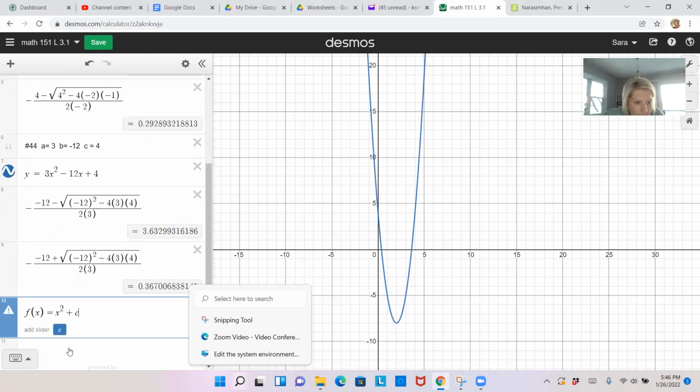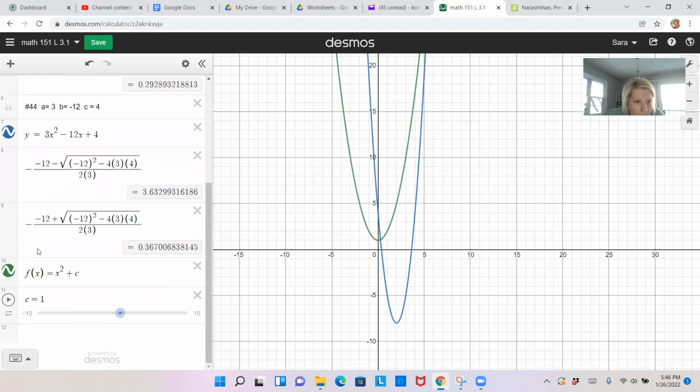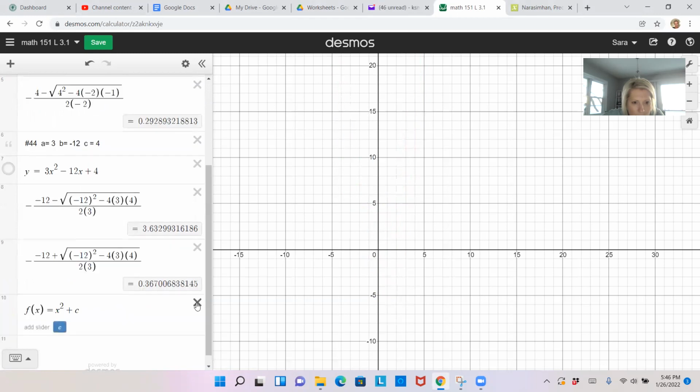And see, it says add slider c. When you add that, I'm going to turn off my other graph up here, my green one. So when you change c, I'm making it smaller and larger. I want you to change that so you can answer those questions. I'm not going to save this because I want you to make your own.